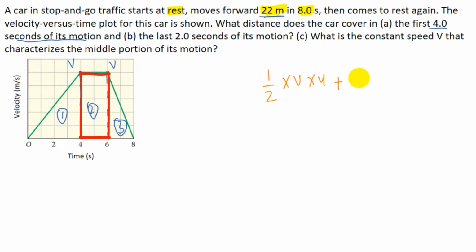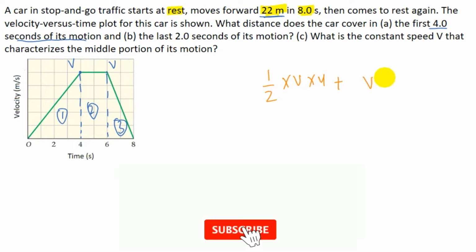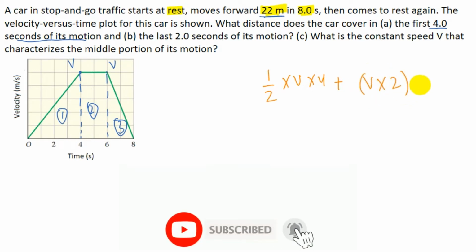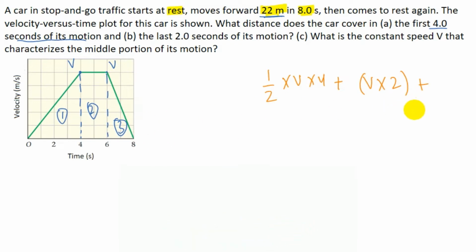The length is V, the velocity, and the width is 6 minus 4, which is 2. So V multiplied by 2. Plus the area of the third section would be half multiplied by height multiplied by base. The height is V, and the base is 8 minus 6, which is 2. So this total area would be the distance, which we are given to be 22 meters.